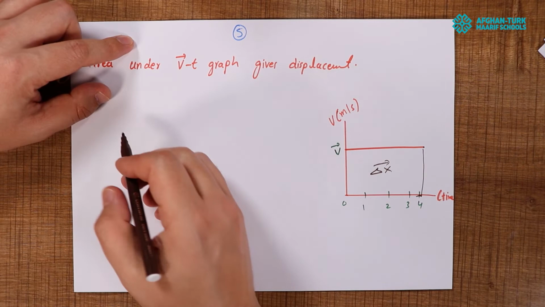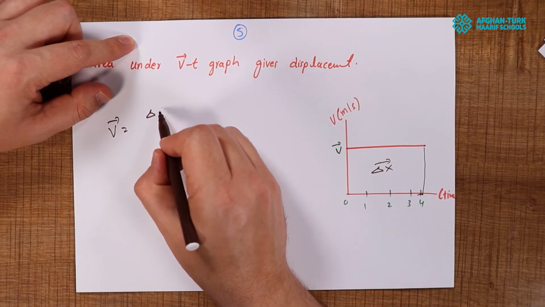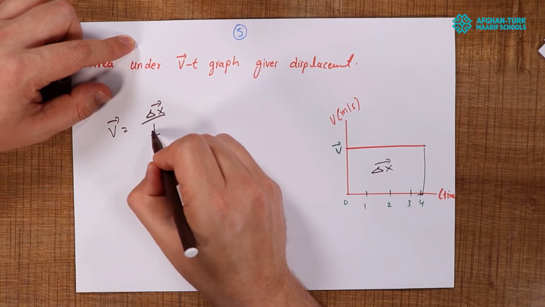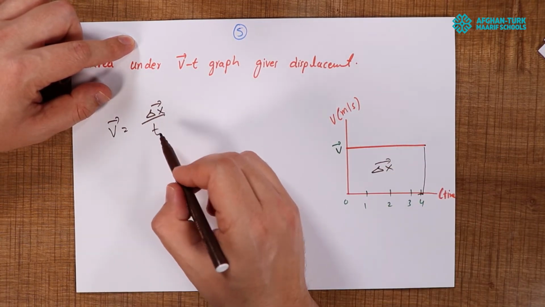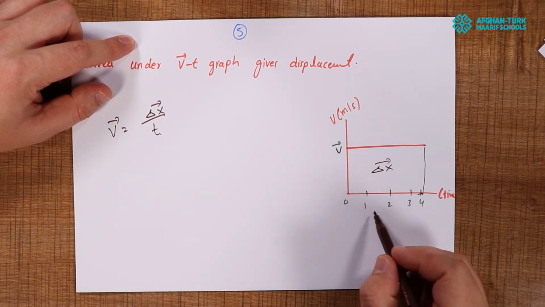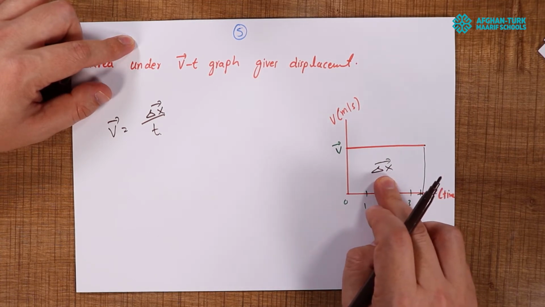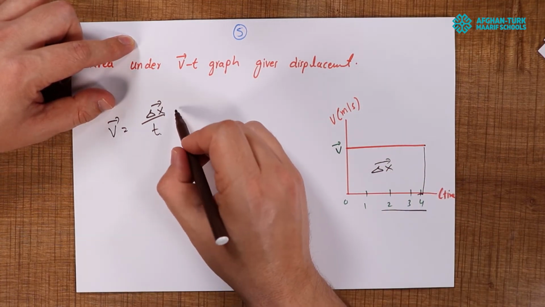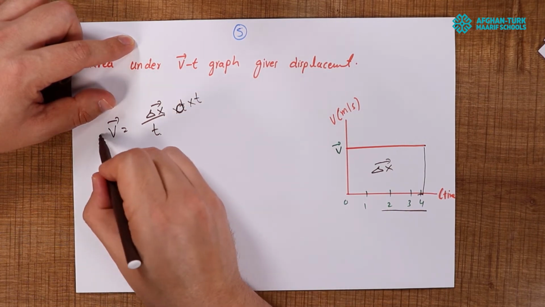How? We know that velocity is equal to delta x divided by time. So now if the velocity is given and time is also given, like on the vertical side is velocity, and on the horizontal side time, but the displacement is not given, then we can find the displacement like this: multiply both sides by t.